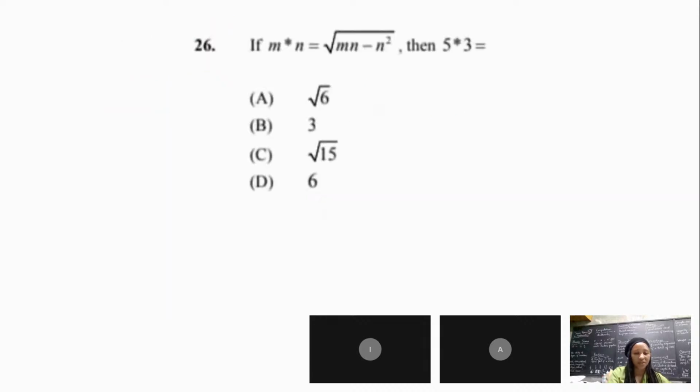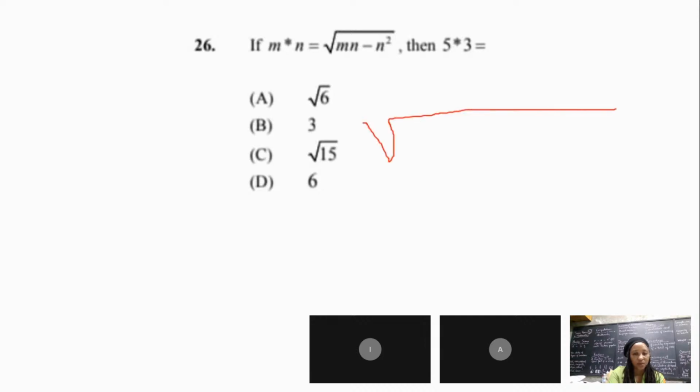Okay, my turn. So if m asterisk n is equal to the square root of mn minus n squared, then what is 5 asterisk 3? It was given in the order m and n, and 5 and 3. So we're going to put 5 where m is and 3 where n is.